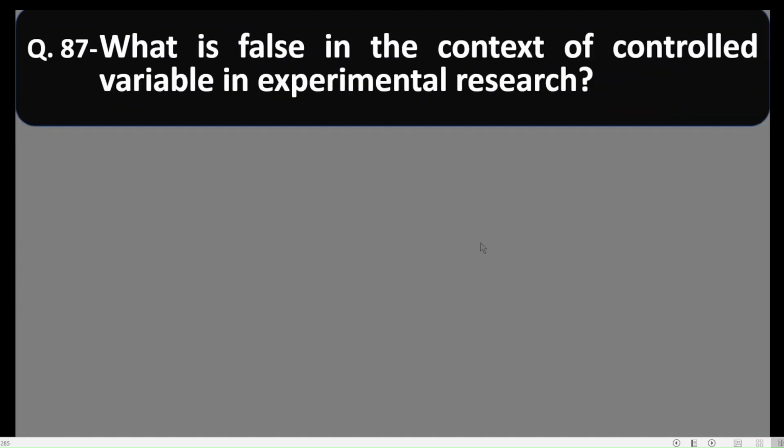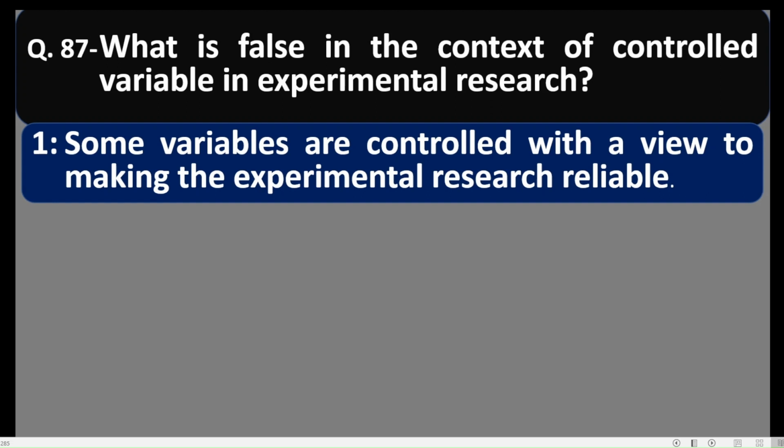Question number 87. What is false in the context of controlled variable in experimental research? In terms of control variable, what is false in experimental research that we have to see? Number 1, some variables are controlled with a view to making the experimental research reliable. Yes, in experimental research, we have to check the clear and precise impact of independent variable on dependent variable.